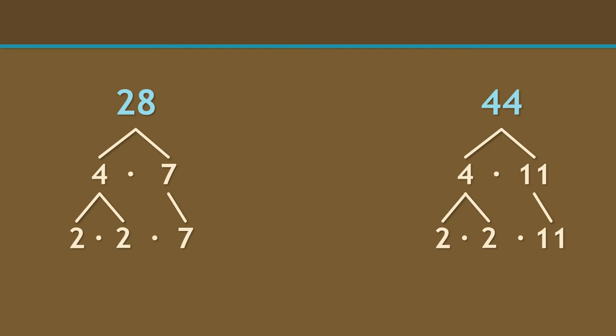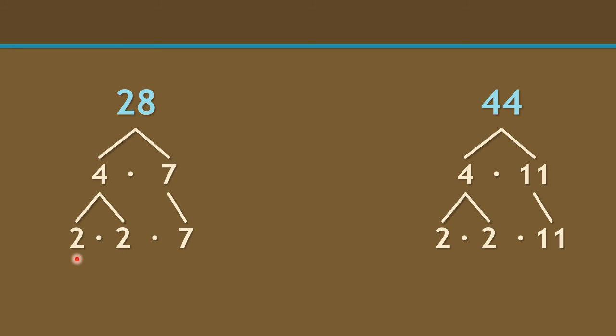Okay, let's take a look at this problem together. So we see that with 28, we first began by taking the factors of 4 and 7. We multiply those two together and it gives us 28. We ask ourselves the question, is 4 a prime number? 4 is not a prime number, so we need to break that down further into 2 times 2.